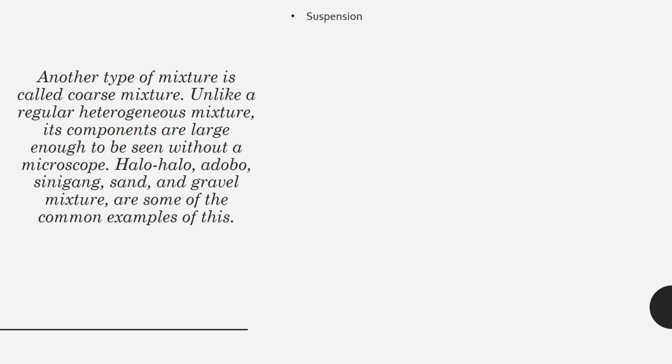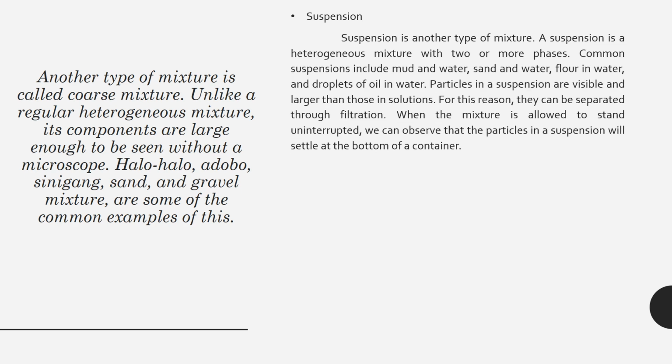We have suspension. What is a suspension? It is another type of mixture. A suspension is a heterogeneous mixture with two or more phases. Common suspensions include mud and water, sand and water, flour in water, and droplets of oil in water.